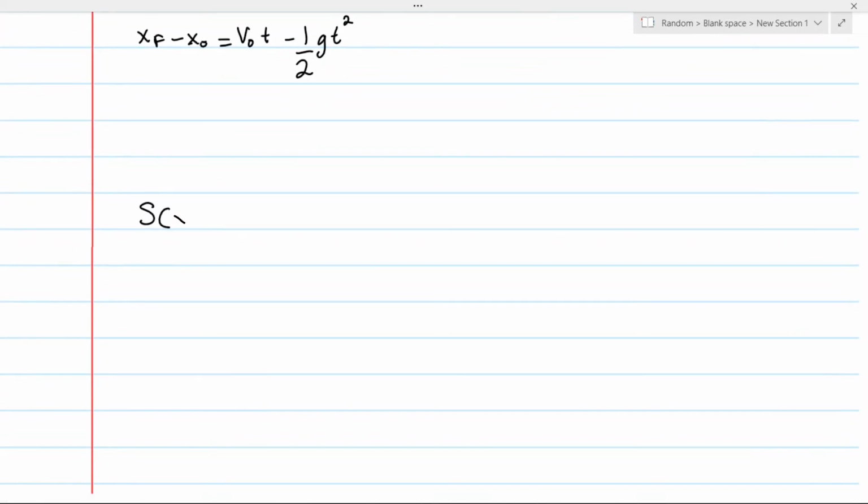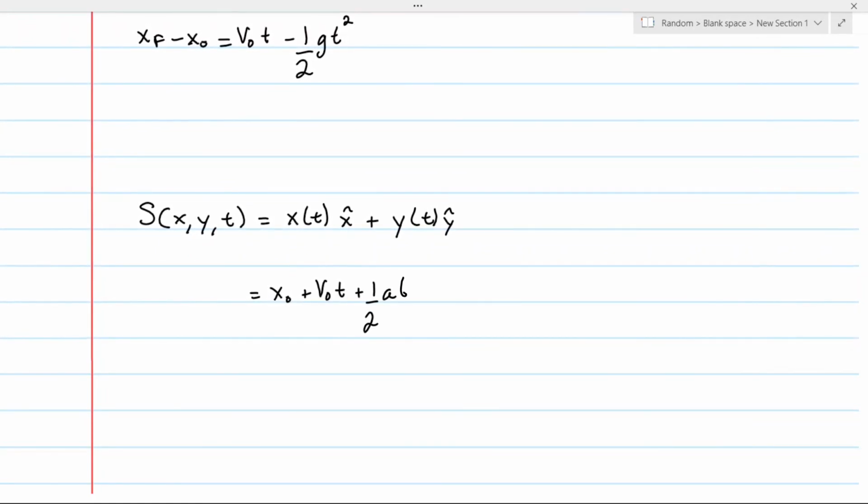So you could write, of course, the v naught would be the relevant components, as well as the acceleration.